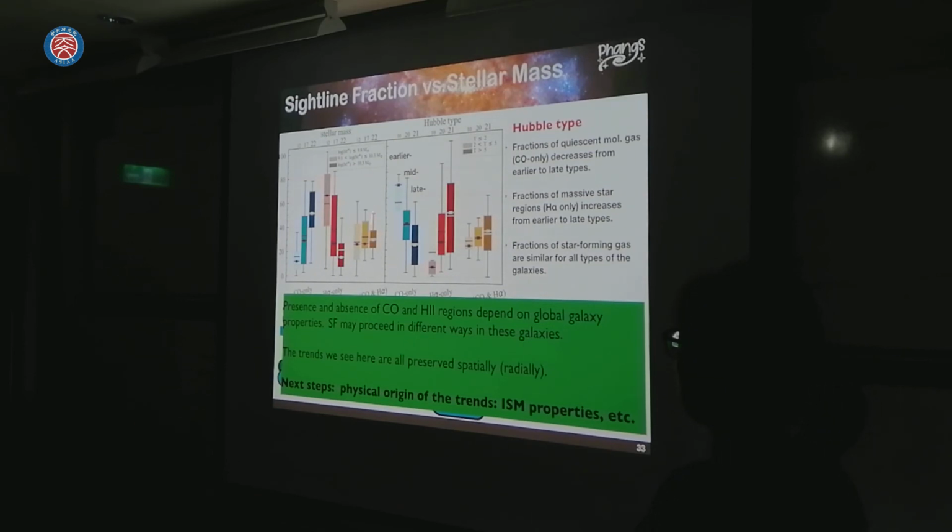And also this quiescent molecular gas contributes 30% on average of the total molecular gas in the galaxies. So they are quite a lot. However, this quiescent molecular gas is only visible in high resolution maps.